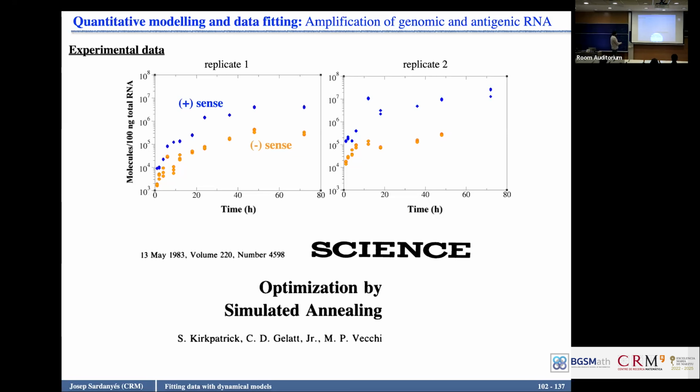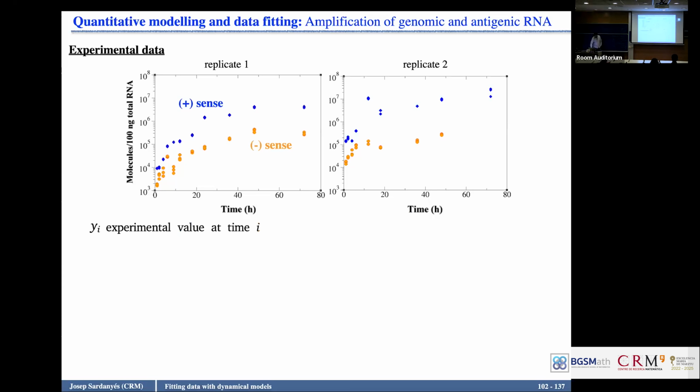It's an old paper that talks about optimization and simulated annealing. It's a very interesting paper because here they do optimization for computer architectures. So it's a very innovative work for this year.